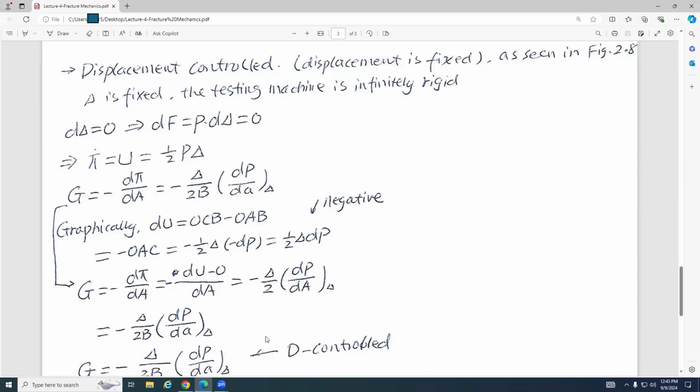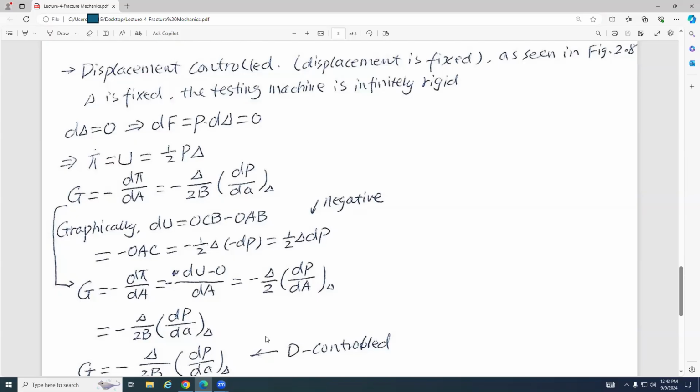And deflection is constant means what? Even if you have a load, this load does not create any work, because delta is constant, dδ equals 0.